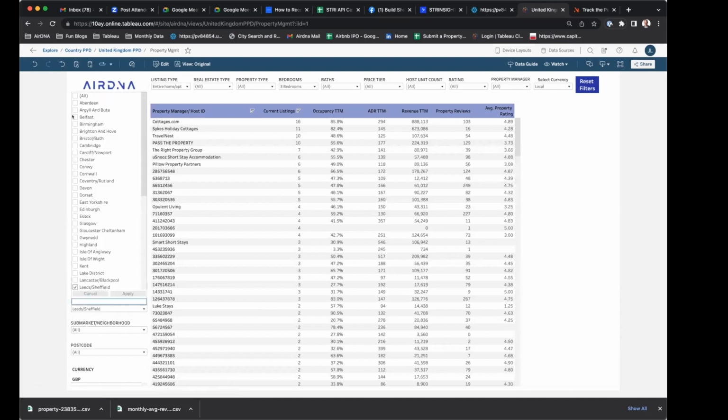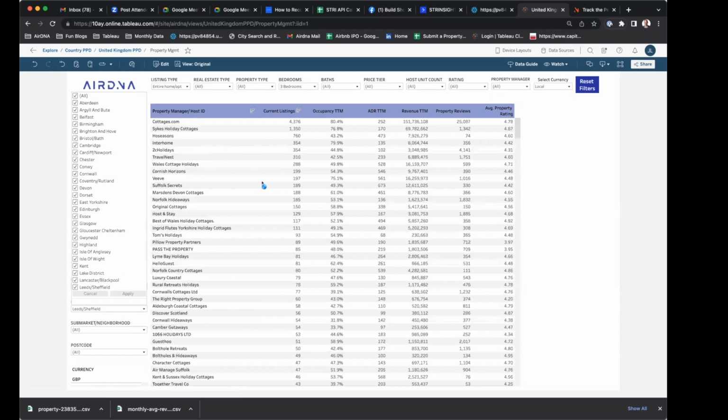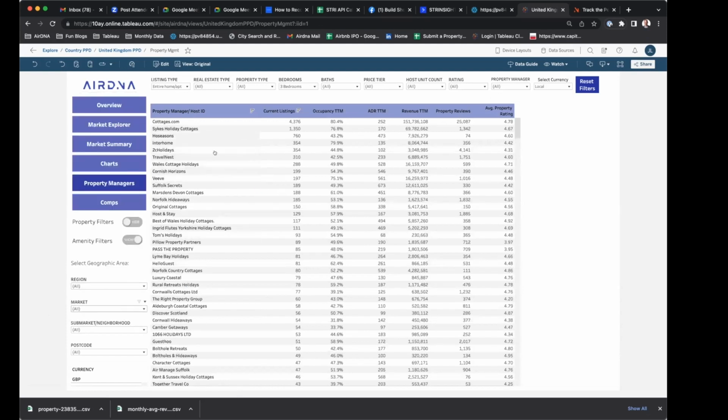So we could go more broad. We're now rolling out more broadly in the UK, so you get a sense of who's operating, how many listings they have, what their typical operating performance is.